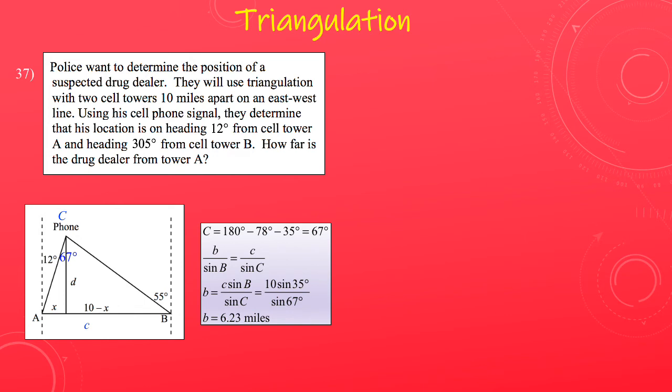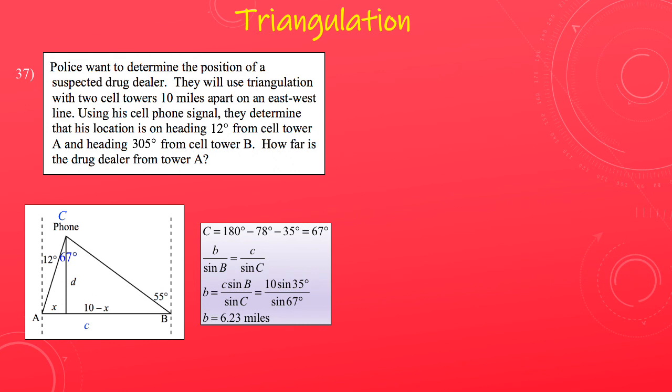Using oblique triangles, we now can find angle C to be 180 degrees minus 78 minus 35, and that gives us 67 degrees. We can use the law of sines.